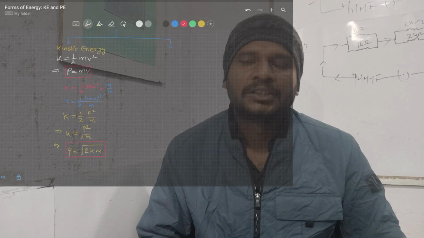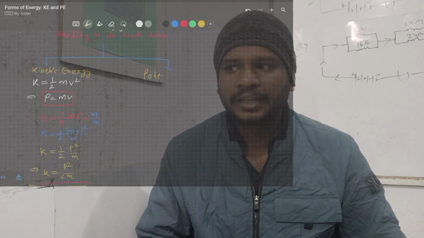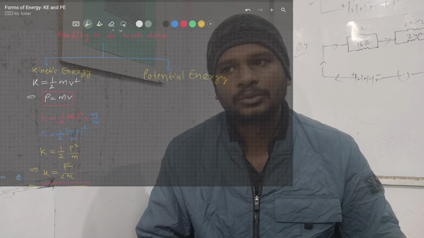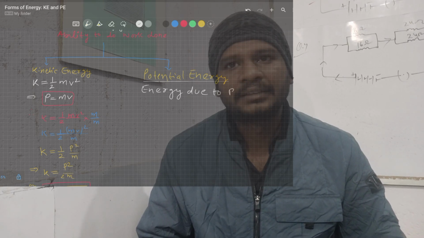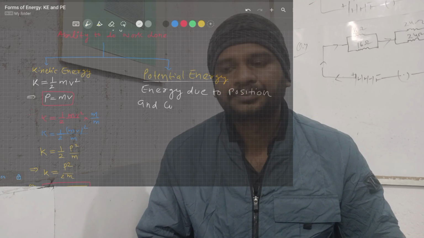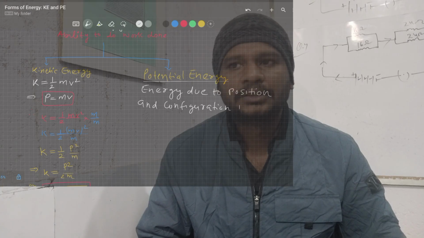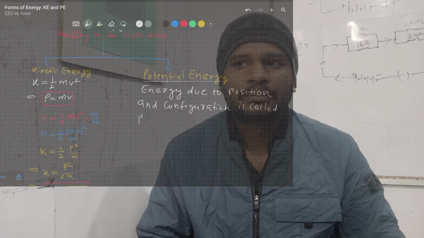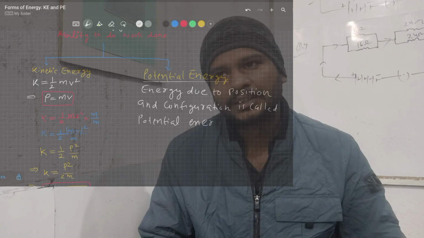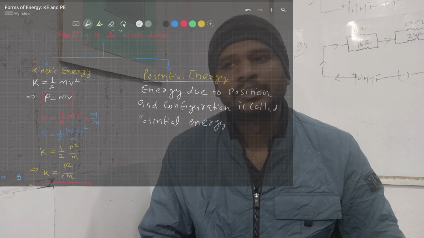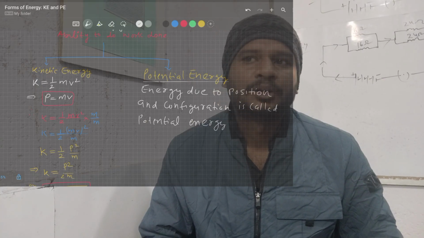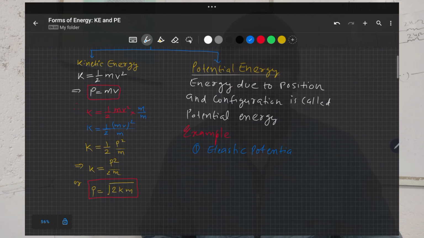In case of potential energy, there is no visible motion which you can relate to say that yes, it has energy, but due to some configuration and position, the system has the ability to do work or provide kinetic energy.